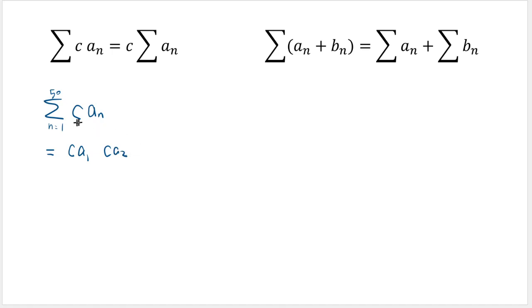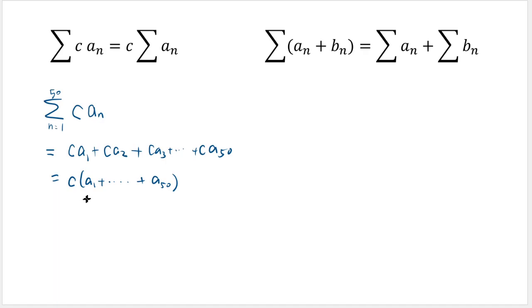And then evaluate c times a3, all the way up till c times a50. And then I wrote this addition too early, but sigma means you add. Okay, so add. And if you look at this, you see that c is a common factor of all these terms. So of course you can factor the c outside, and you get the following.